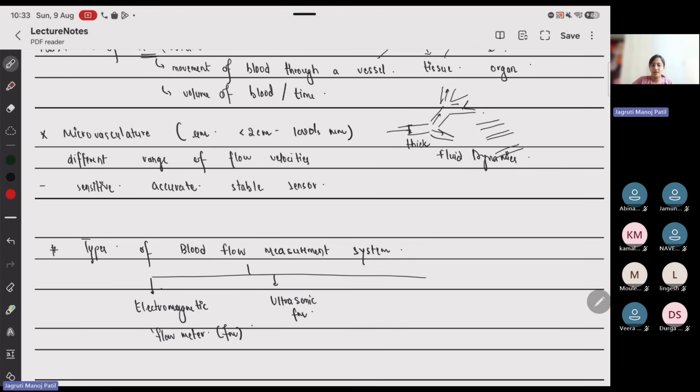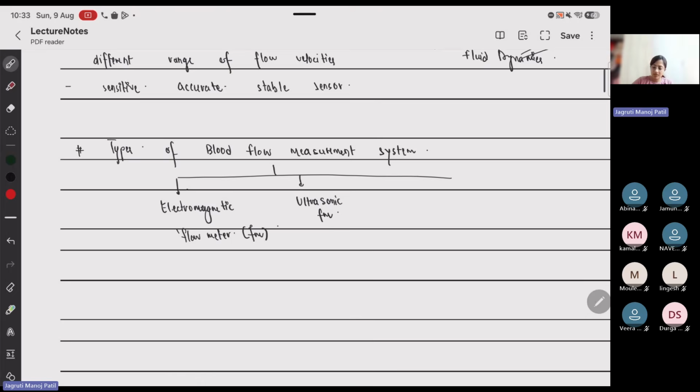Ultrasonic flow meter has something like a Doppler based method, transient time based method. It works on the shift of frequency. So one is transient time, one is continuous wave, you keep on measuring it.